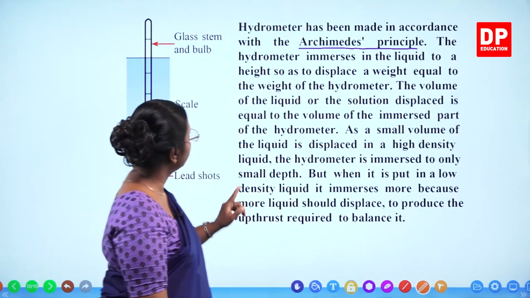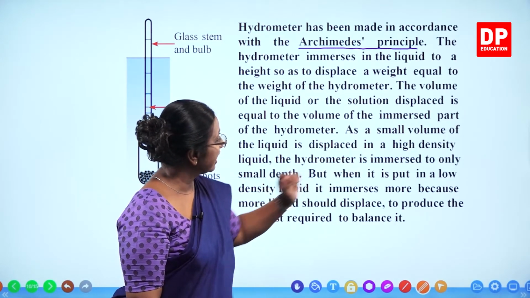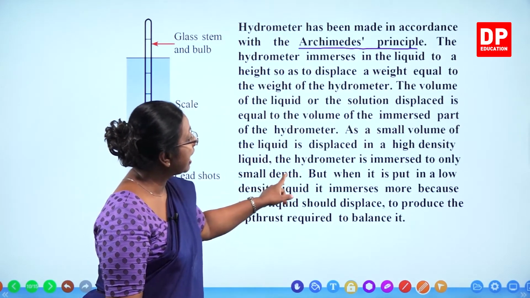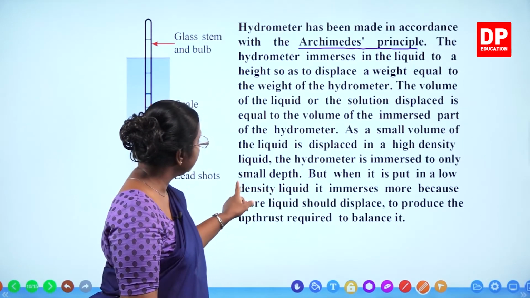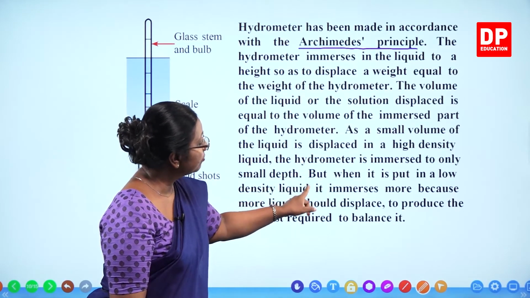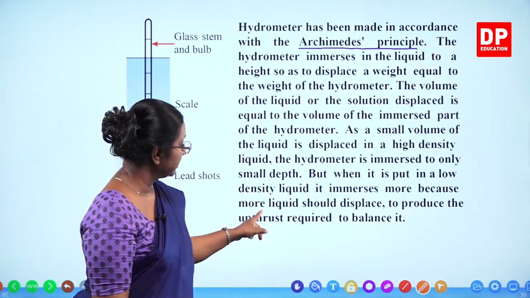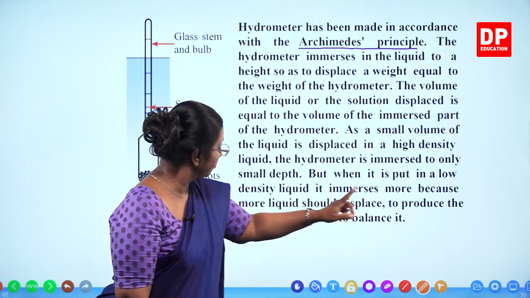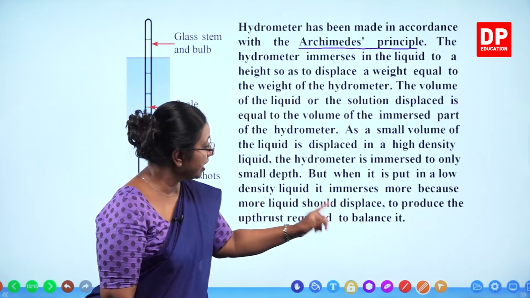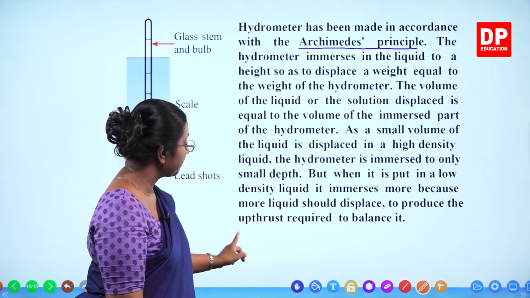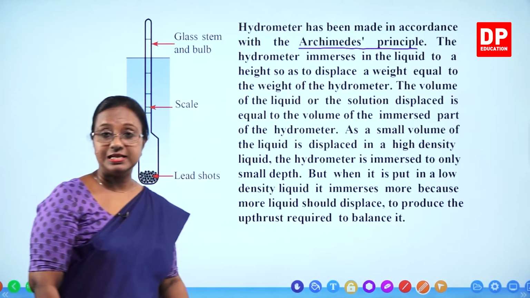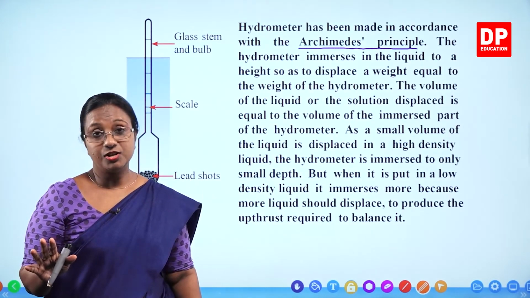As a small volume of the liquid is displaced in a high density liquid, the hydrometer is immersed to only a small depth. But when it is put in a low density liquid, it immerses more because more liquid has to be displaced to produce the upthrust required to balance it. Is that clear to you all, students?